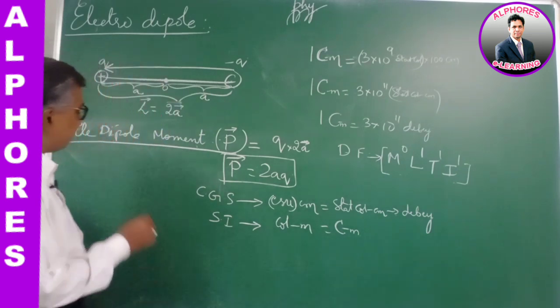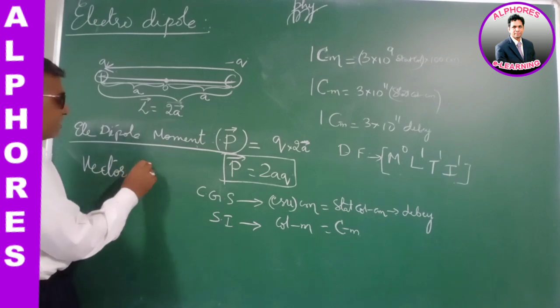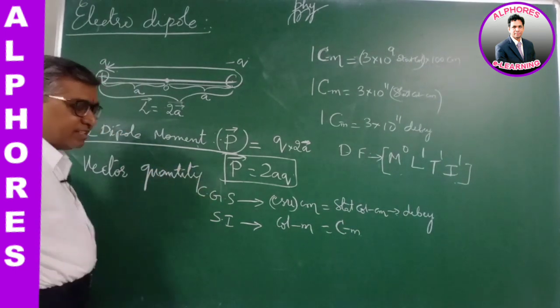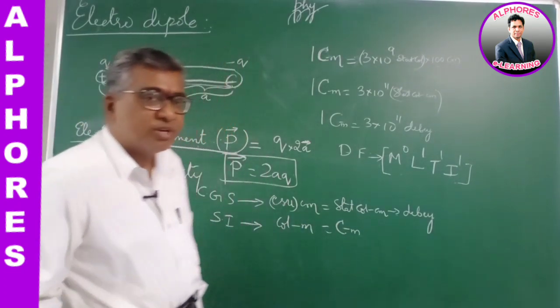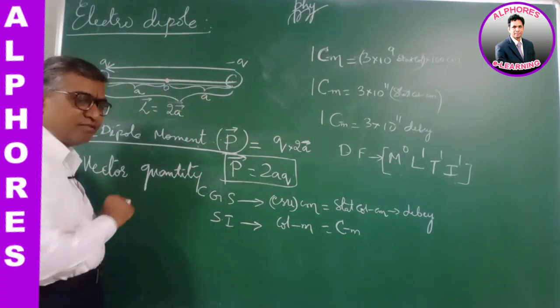Next, it is a vector quantity. Charge is a scalar, but dipole moment is a vector quantity, and a vector quantity has direction. What is the direction? Its direction is the same as the direction of the length of the dipole.